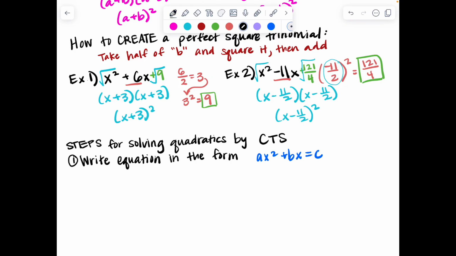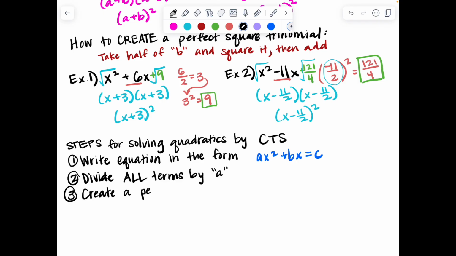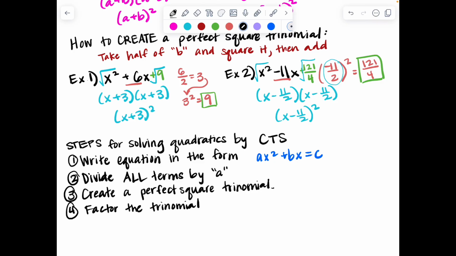So you might need to rearrange your equation to make it look like that. Divide all terms by a. Then create a perfect square trinomial like we did above. Factor. And then apply the square root property.